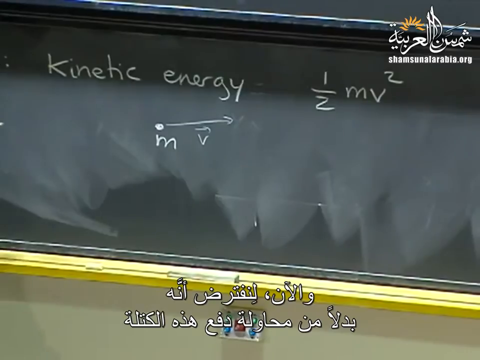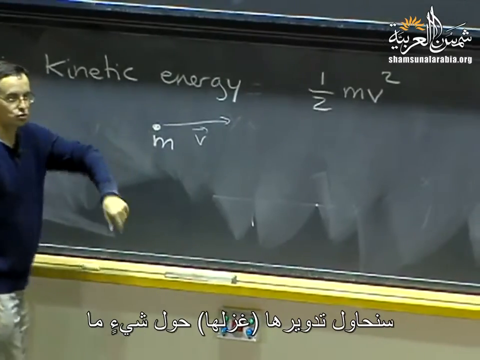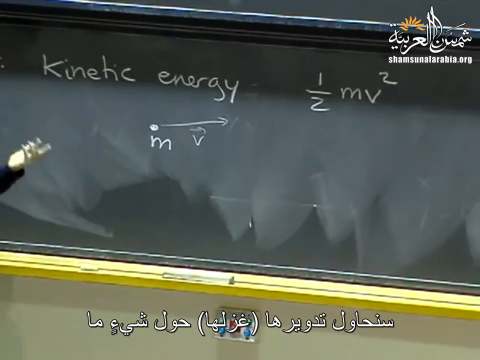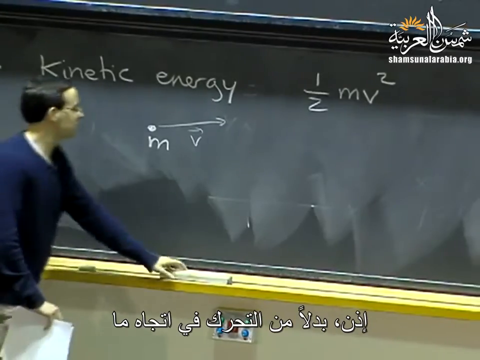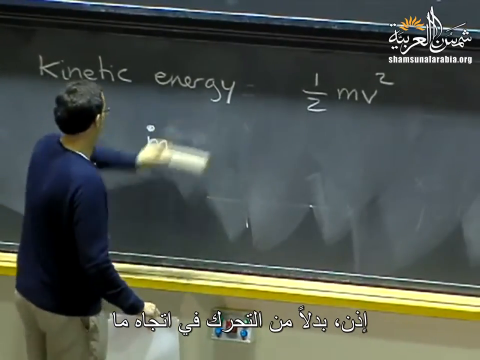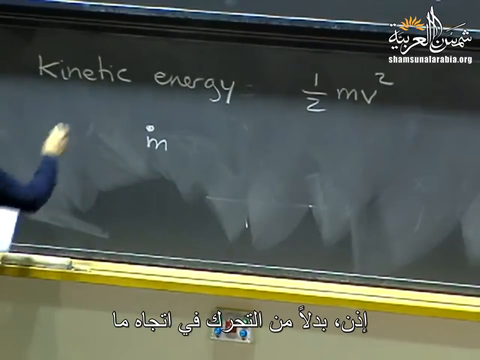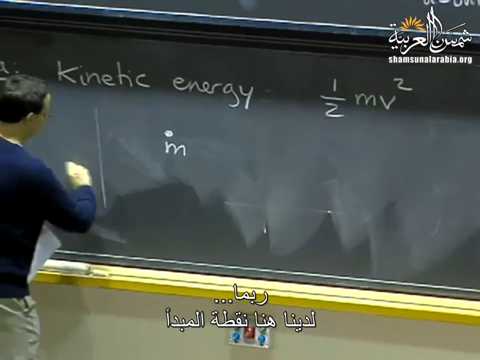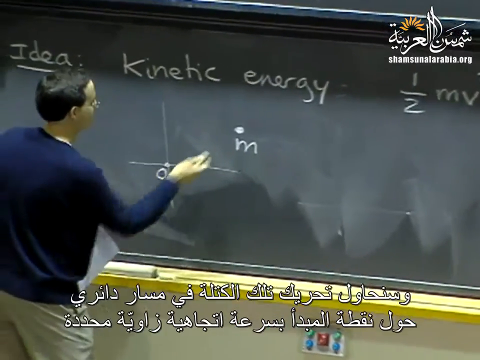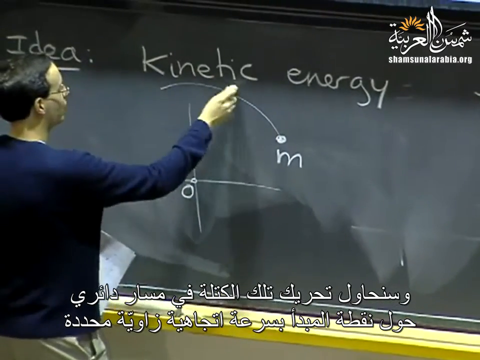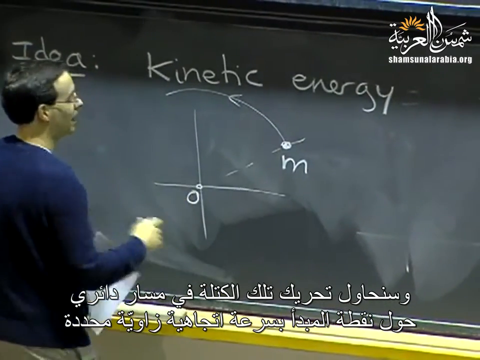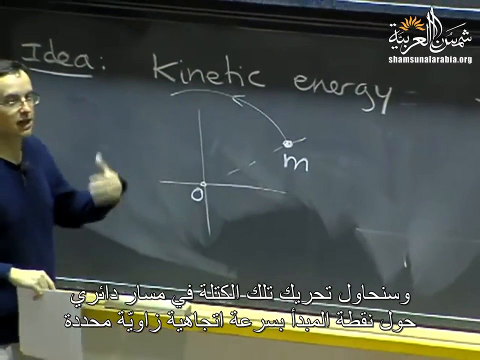Now let's say that instead of just trying to push this mass, I'm going to make it spin around something. Maybe I will have here the origin, and I'm trying to make it go around the origin in a circle at a certain angular velocity.